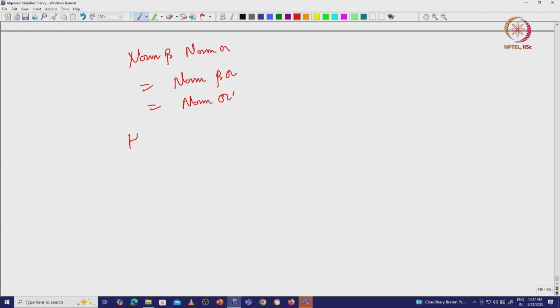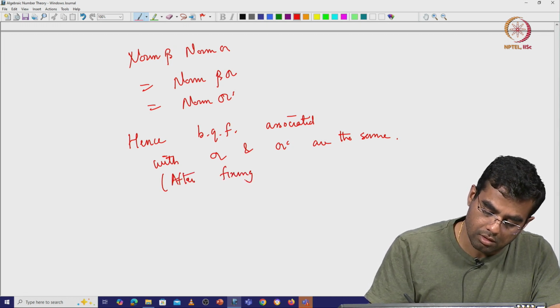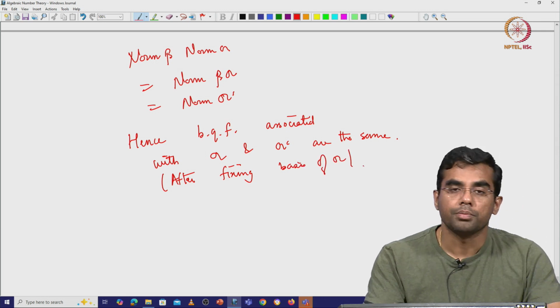Hence we get the same. Hence the binary quadratic forms associated with a and a prime are the same, once we fix a basis of a.